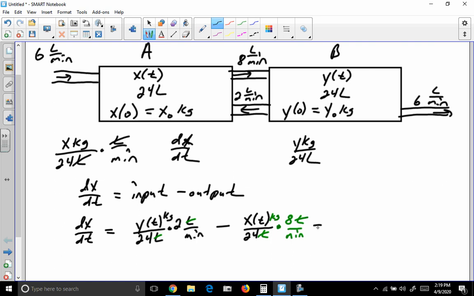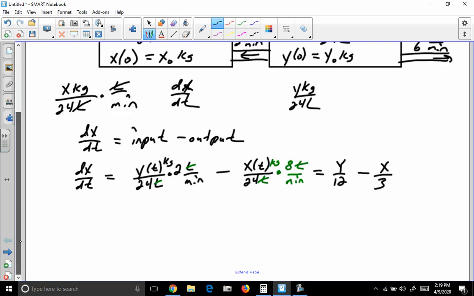If we simplify that, 2 and 24 reduce, so Y over 12 minus, 8 and 24 reduce, X over 3. So if you tell us the mass of Y at a given time and the mass of X at the same time, then we can tell how fast the mass is changing for this particular tank.